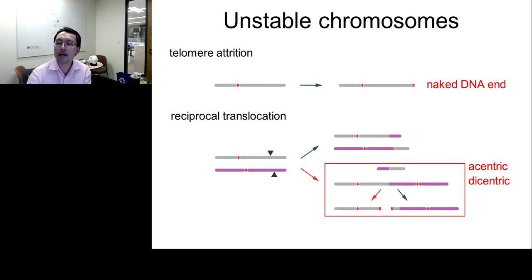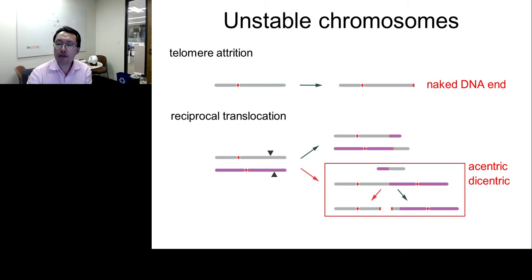This is unstable because of all the DNA repair pathways that would try to join the naked DNA end. When the telomeres get critically short, cells can undergo a catastrophe known as telomere crisis.